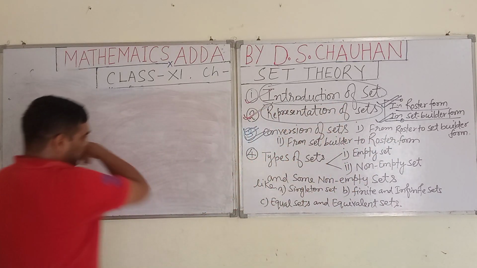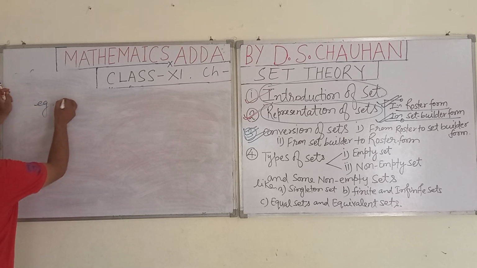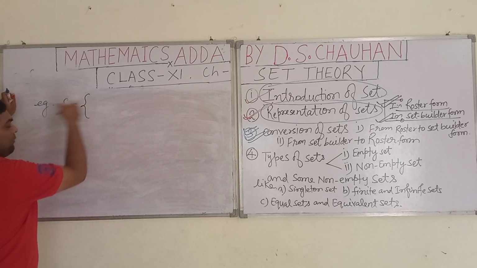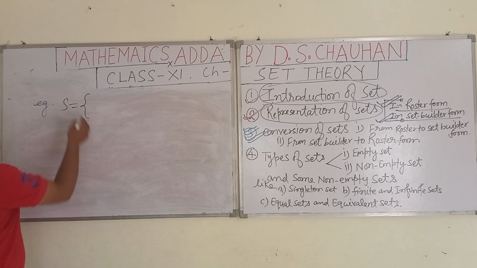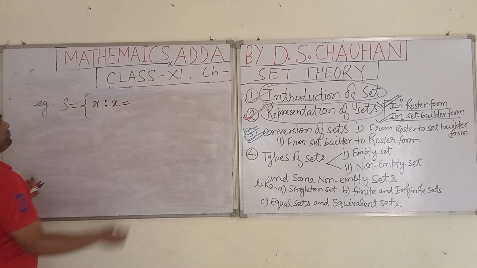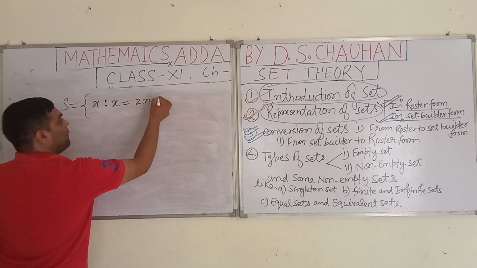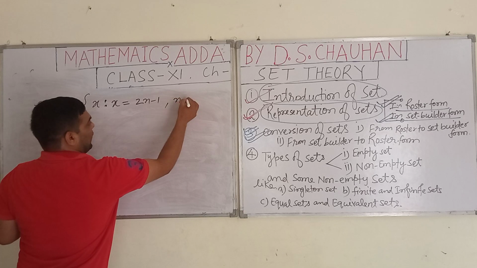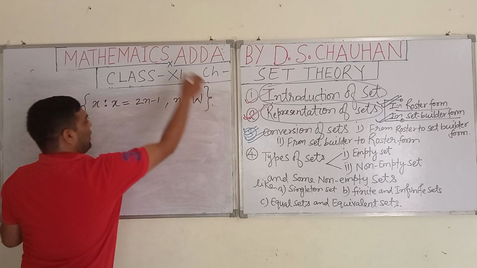Students, see one more example. Here I am giving you the set which is in set builder form and you have to write it in roster form. So here x such that x equal to 2n minus 1, where n belongs to the whole numbers.